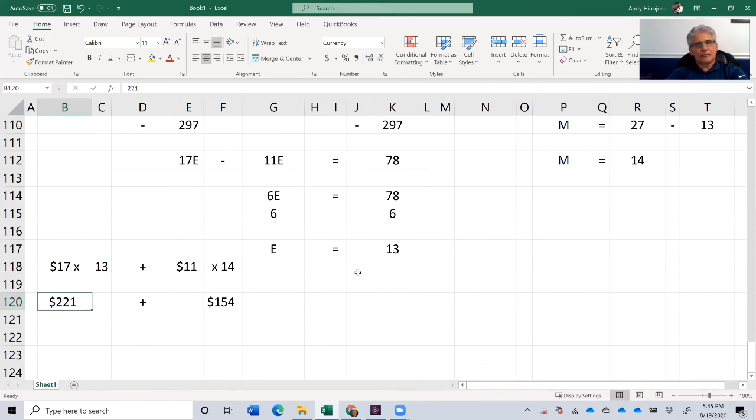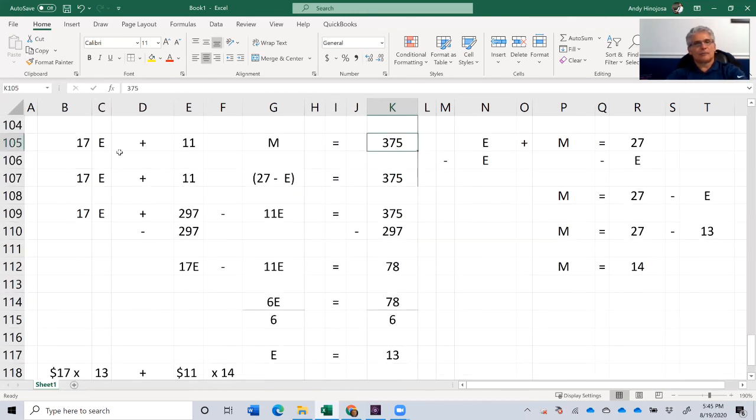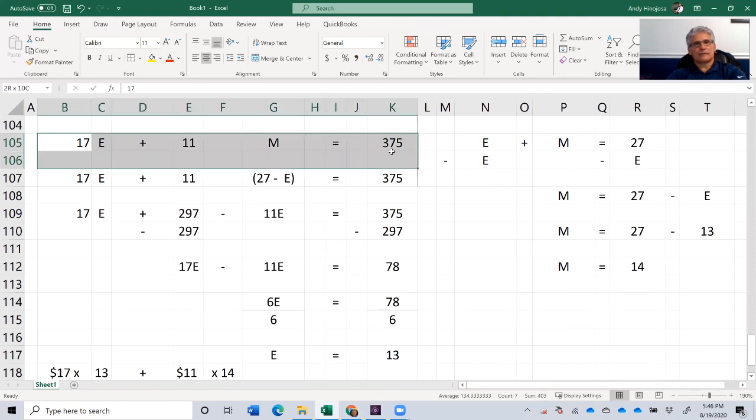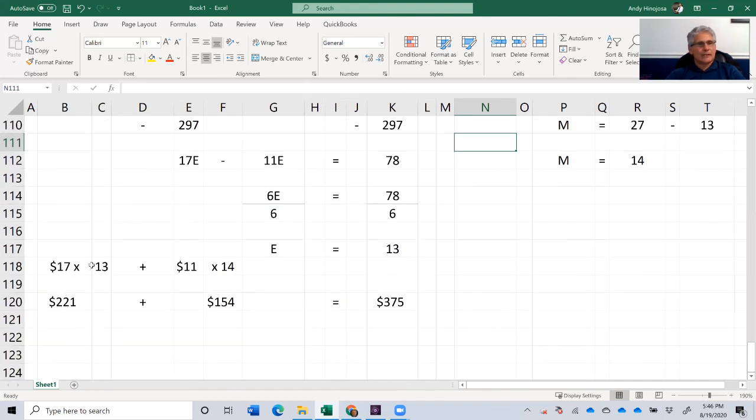Well, let's see if this works. 221 plus 154, $375. Was that what we're looking for? That's what we were looking for. So that was a long way to get there, but we got there. We're going to be selling 13 elms and 14 maples.